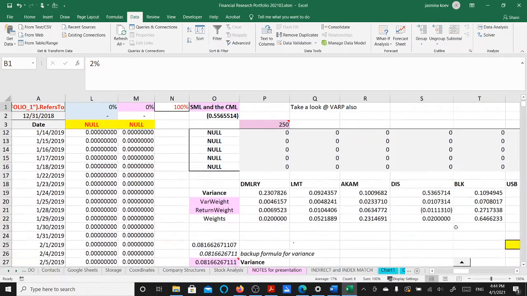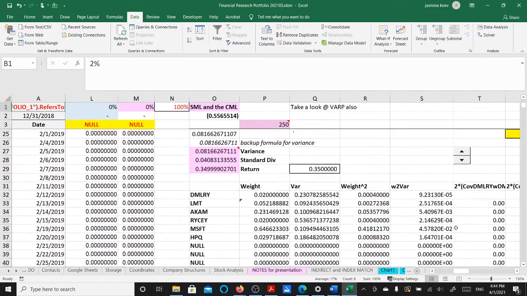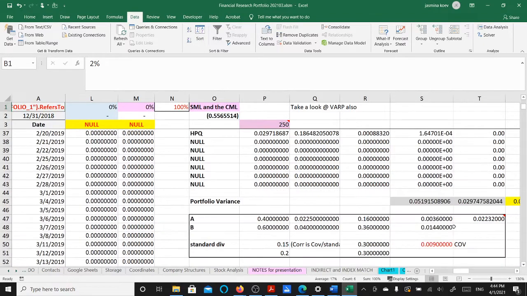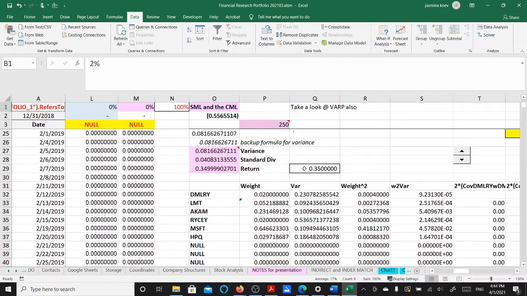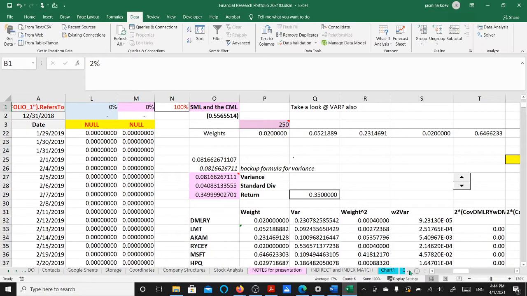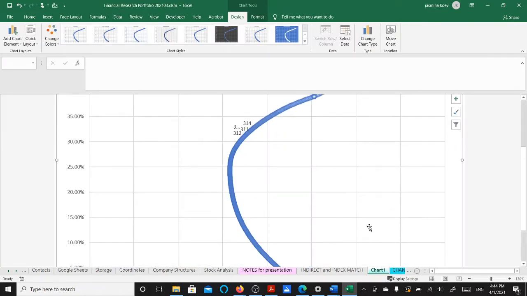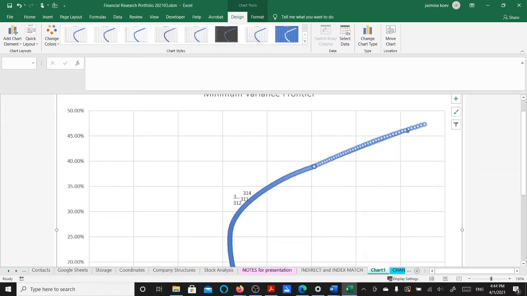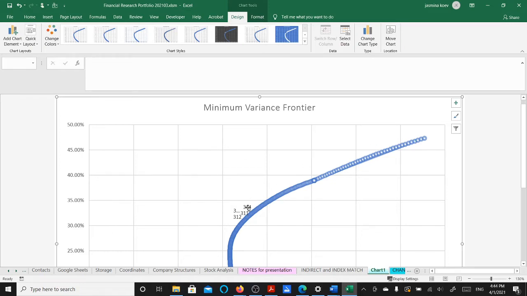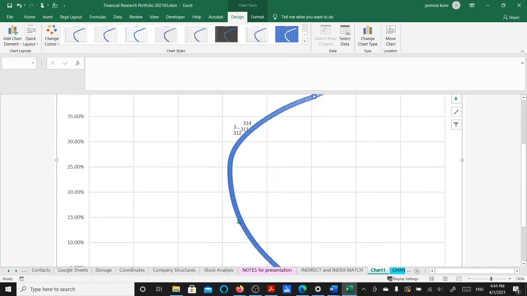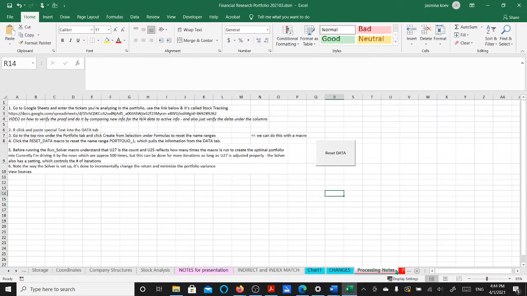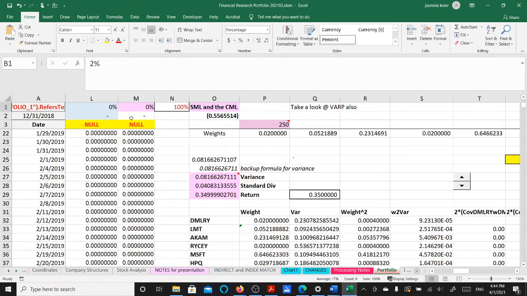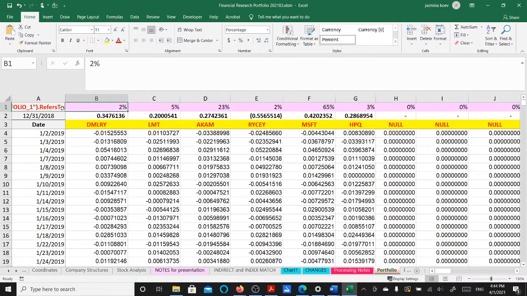Now let me show you, when I reset this, how I can run a macro that will do this over and over again and generate for me the minimum variance frontier. Then I'm going to have at least 4 portfolios. And again, the portfolios will be these baskets, these investments here.